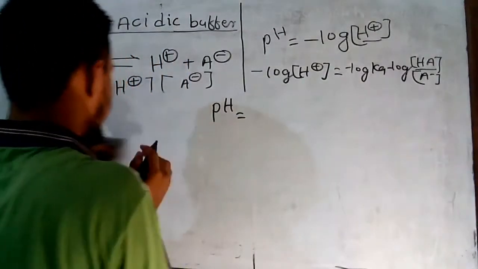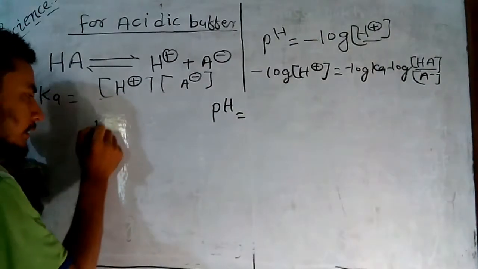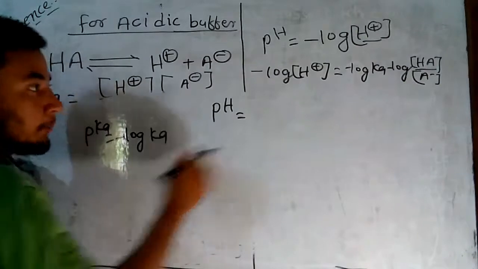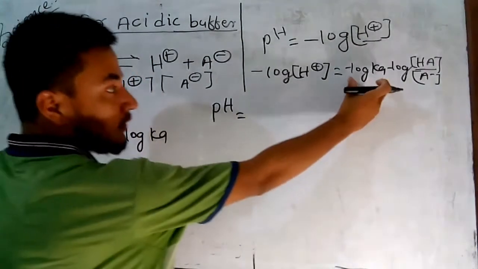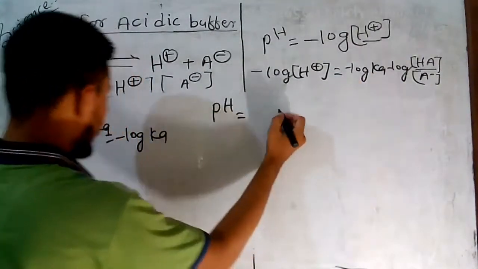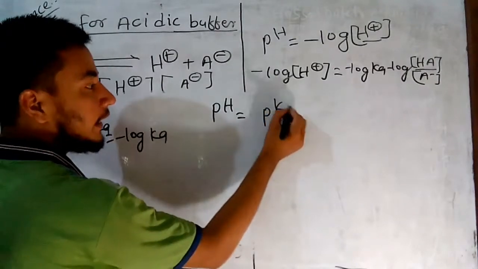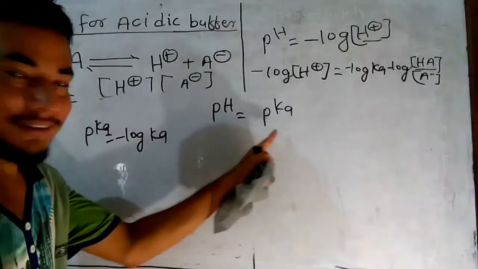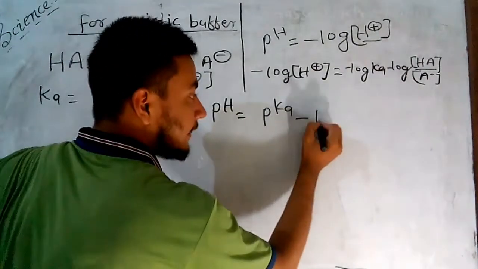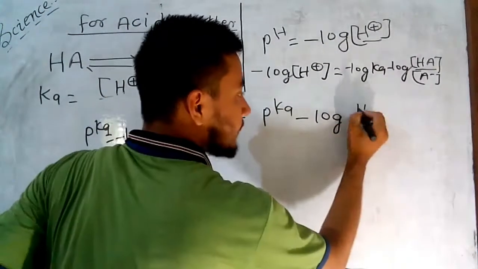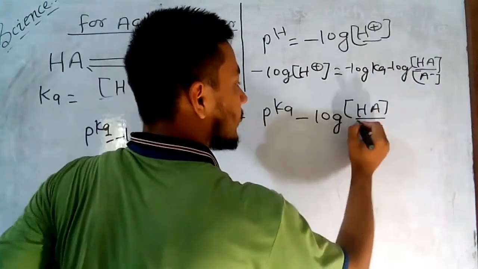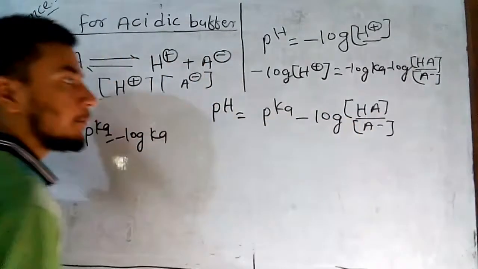And if you remember this formula, pKa equals minus log Ka, so in place of minus log Ka we can write pKa, the dissociation constant for acid, minus log HA by A minus.